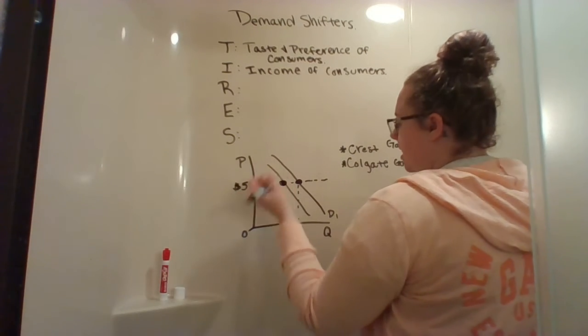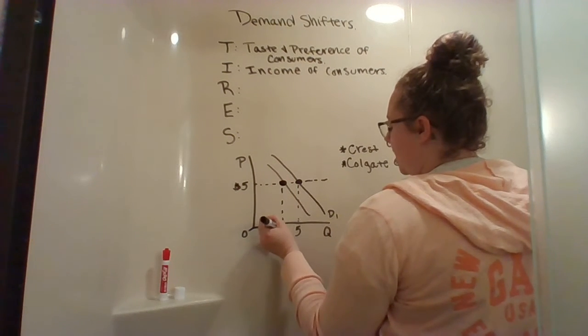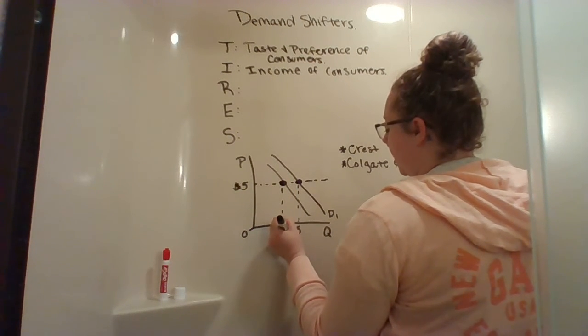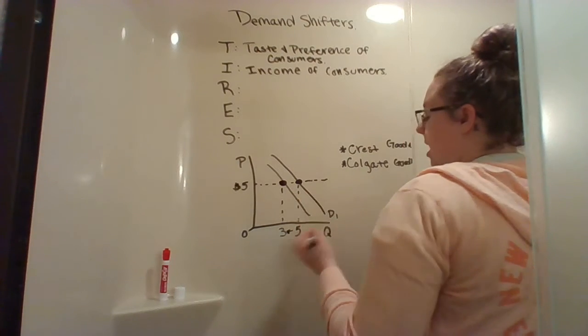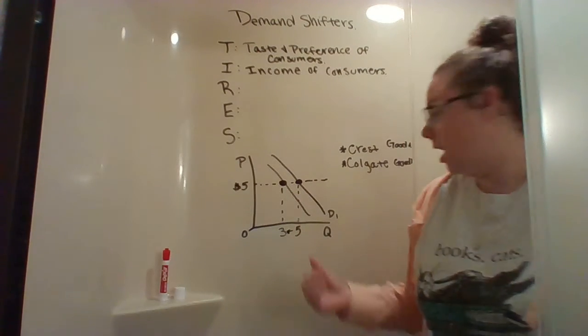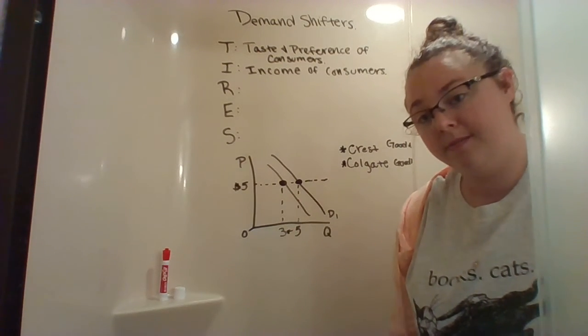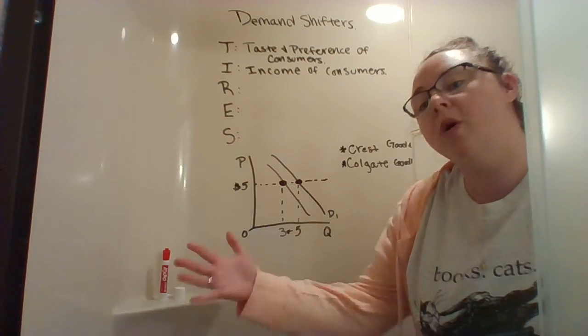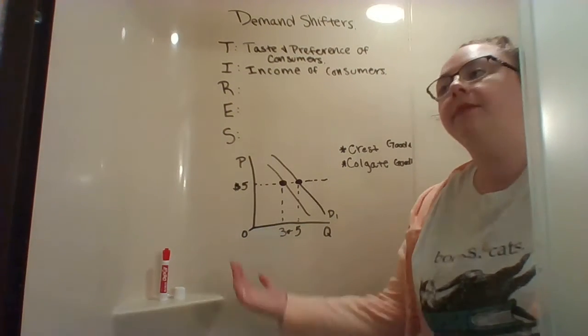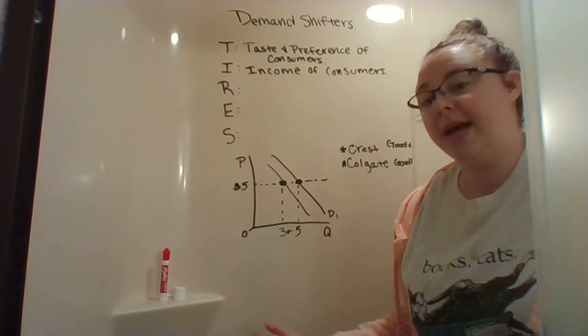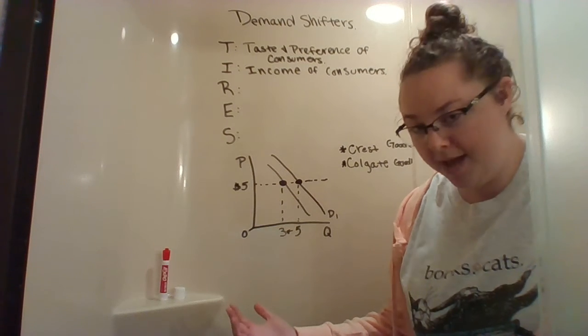So the quantity demanded is going to decrease because Kanye is talking about Crest. Demand for Colgate is going to decrease because it's a substitute. If more people are buying Crest, it's just obvious that less people are buying and demanding Colgate, okay?